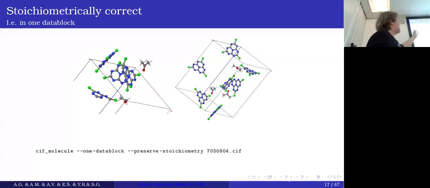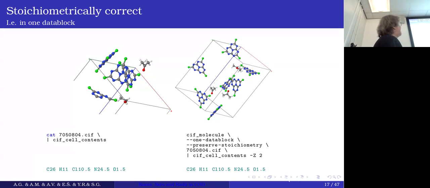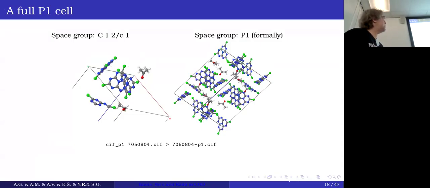And this works, and we can now reconstruct the correct stoichiometric ratios of the molecules, and now the contents match, and we have all molecules that are present in the crystal in correct ratios.